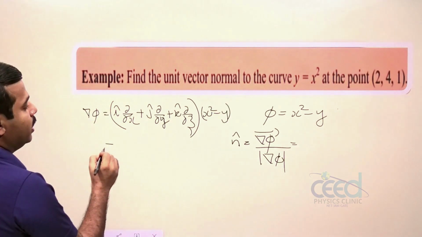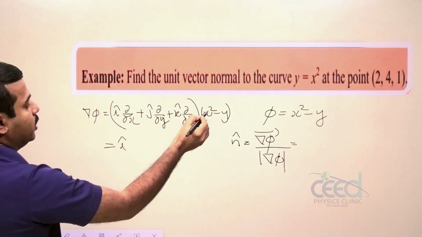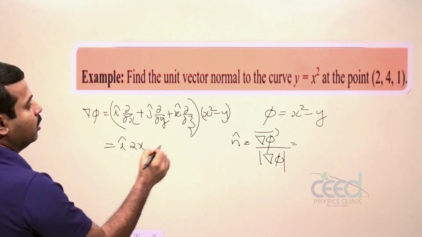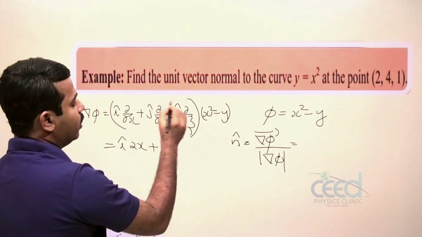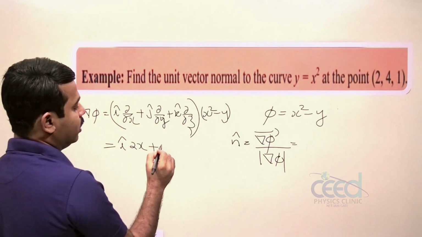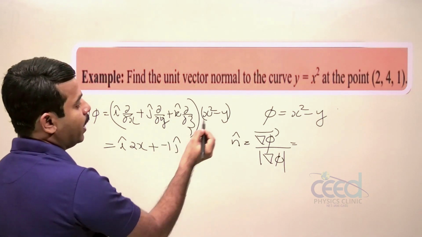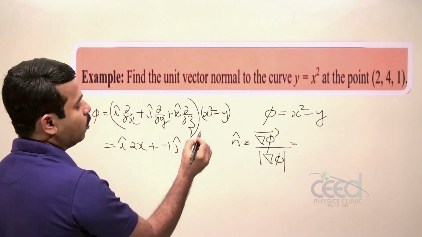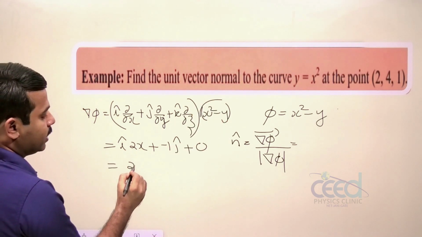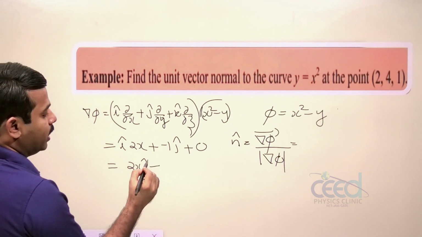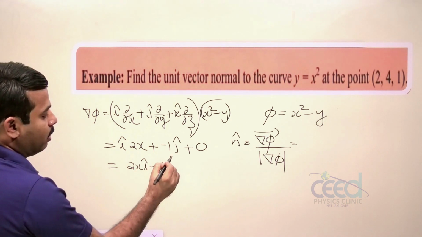That means I cap: x square gives 2x, y gives 0. With respect to y we get minus 1, so minus 1 j cap, and with respect to z there is no z component, so 0. Then 2x I cap minus 1 j cap.